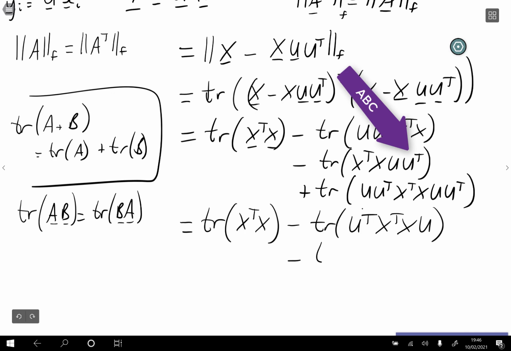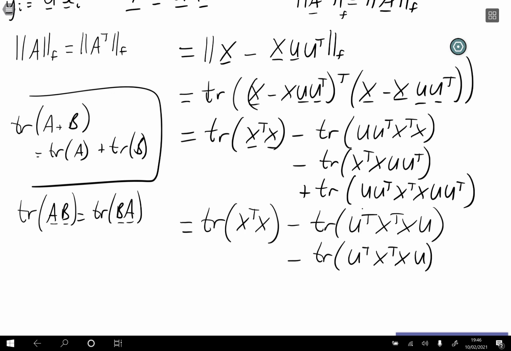So this is minus the trace of U transposed X transposed X U. And finally, over here, let's take this U to the right.